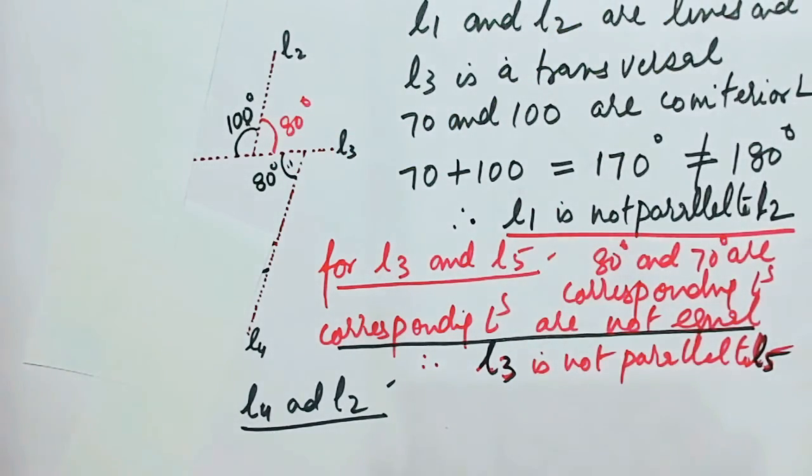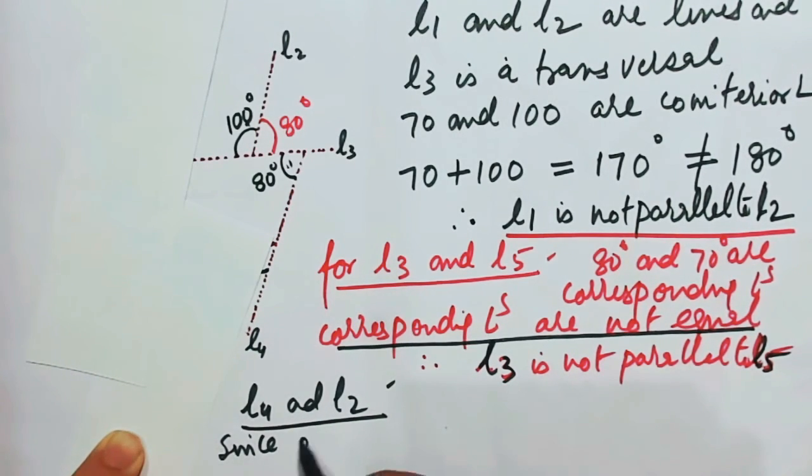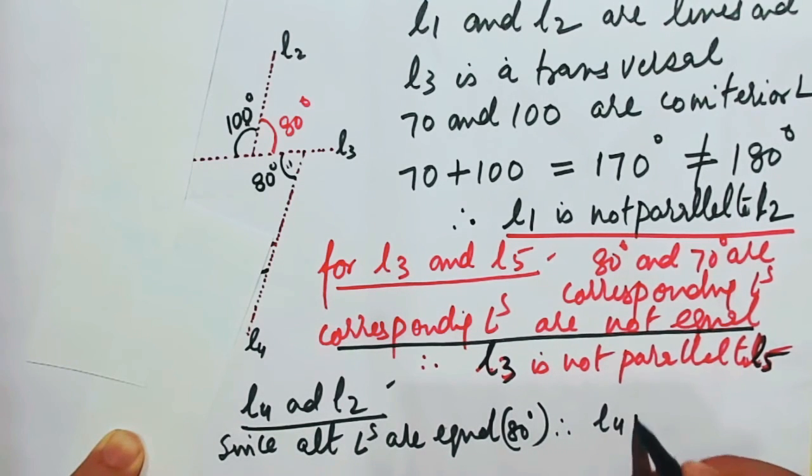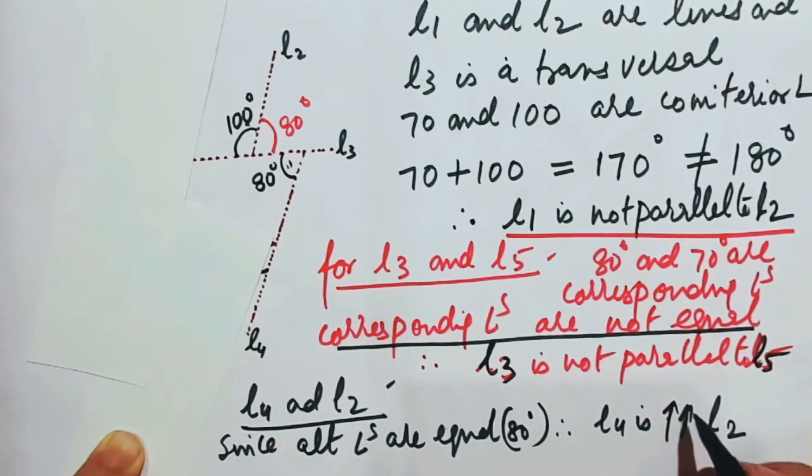So we would say that since alternate angles are equal to 80 degree, therefore L4 is parallel to L2. This is the sign of a parallel. L4 is parallel to L2.